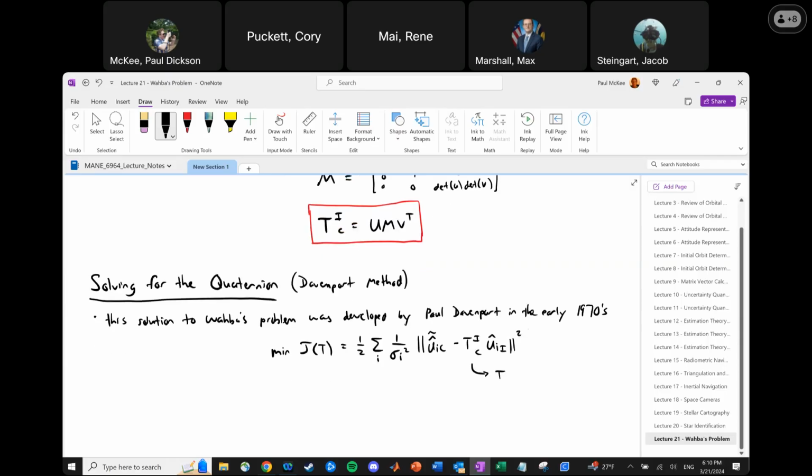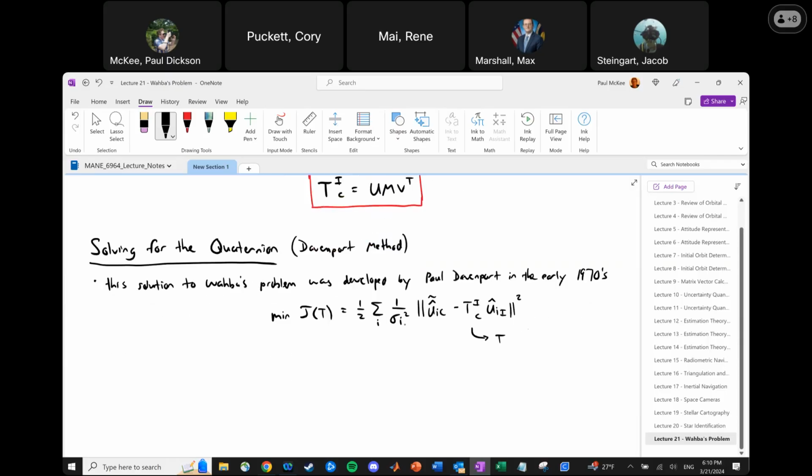So let's start by expanding. The min of J of t is equal to 1/2 times the sum over all I, 1 over sigma I squared, open parentheses.